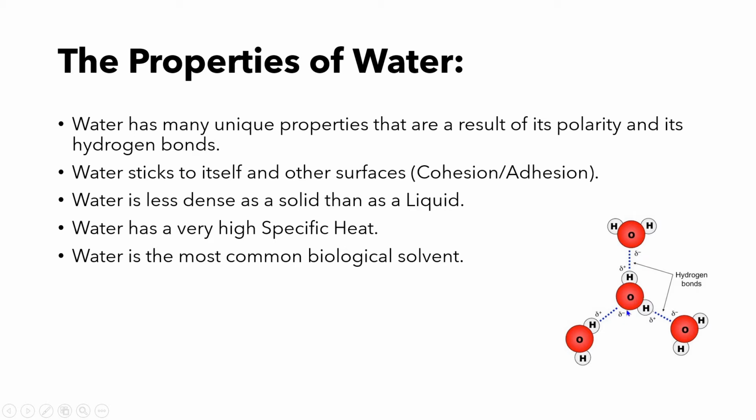So you can see how due to the higher electronegativity of oxygen compared to hydrogen, oxygen is slightly more negative as it takes more of those electrons, and hydrogen becomes slightly positive. This results in hydrogen bonds forming between the hydrogen, the positive side of a water, and the oxygen, the negative side of water, as positive and negatives attract.